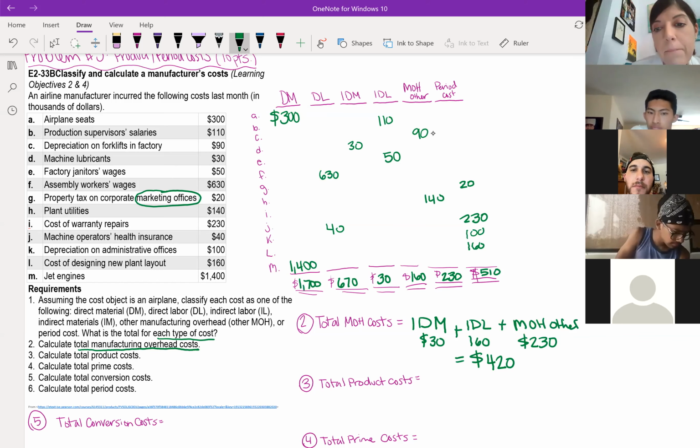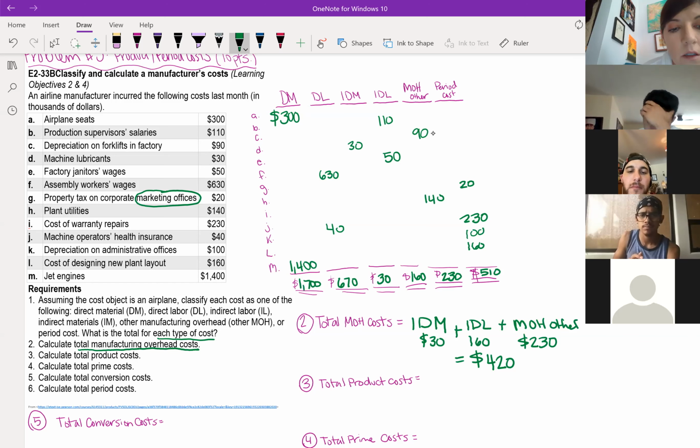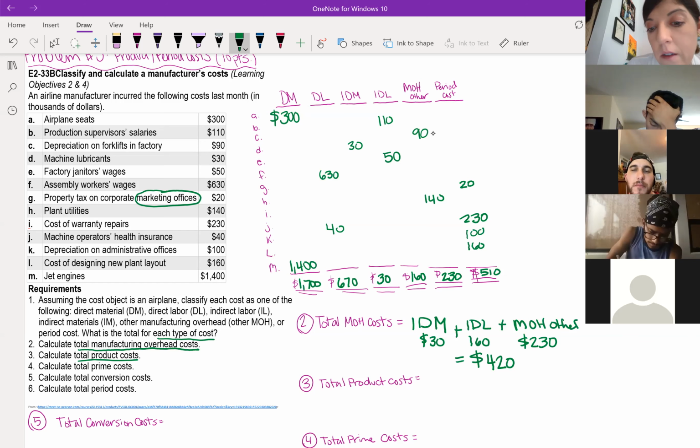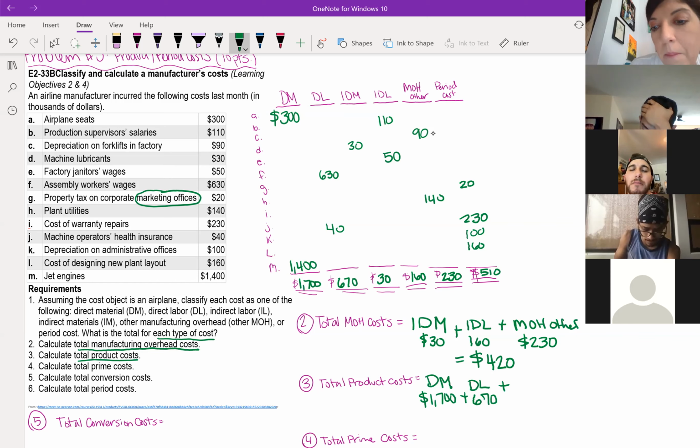For part 3, they're asking you the total product costs. Total product costs include direct materials and direct labor. So 1,700 plus direct labor of 670 plus manufacturing overhead. When we say manufacturing overhead, it's all of it.